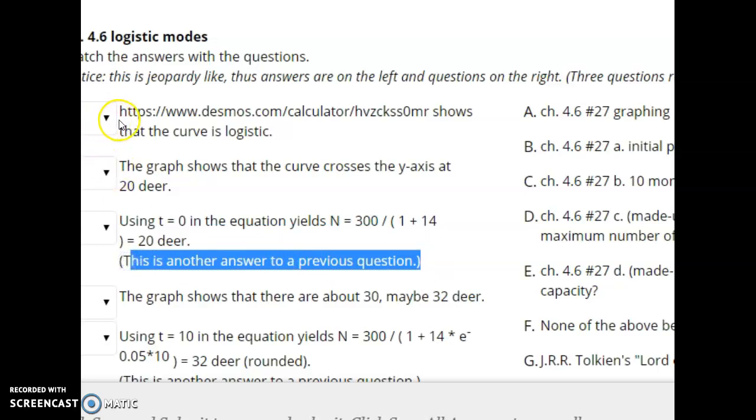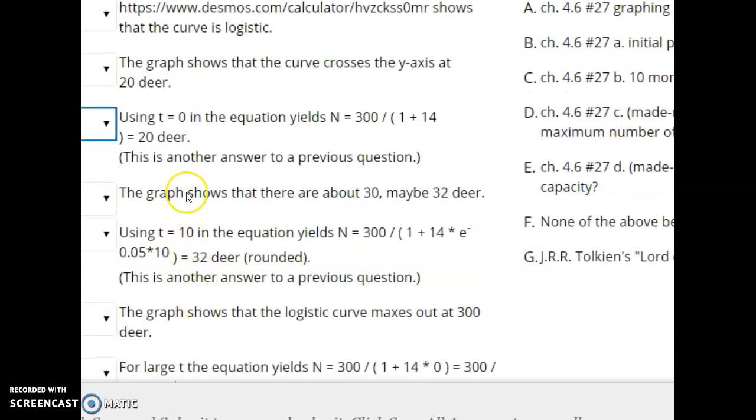So it's kind of like this one is A, this one is answer B. This one here is also answer B, and then this one is answer C. And this here is perhaps answer C as well. You have to check that out, and then answer D, and so on. But you will see when you do these problems that the answers over here do make sense. All right, and those are my hints on the homework for chapter 4.